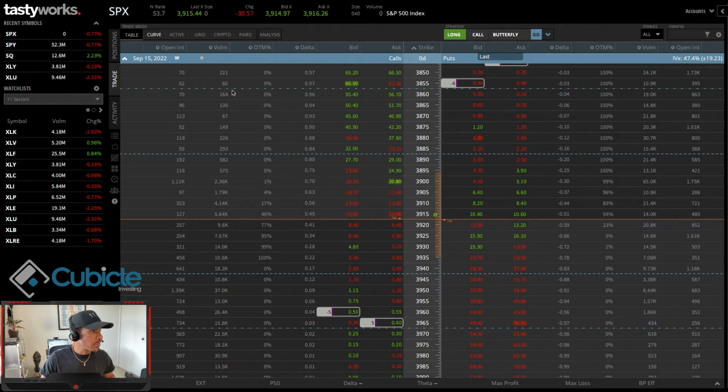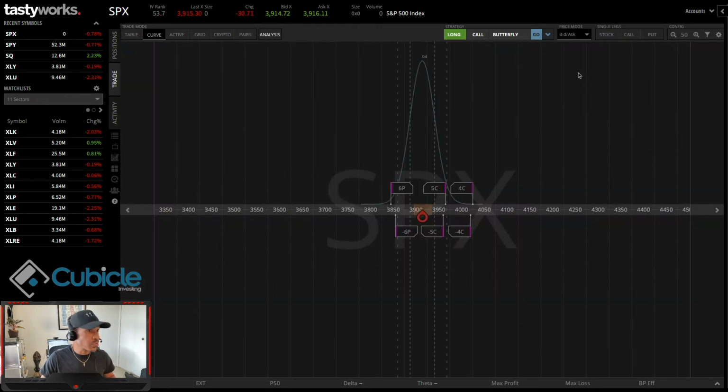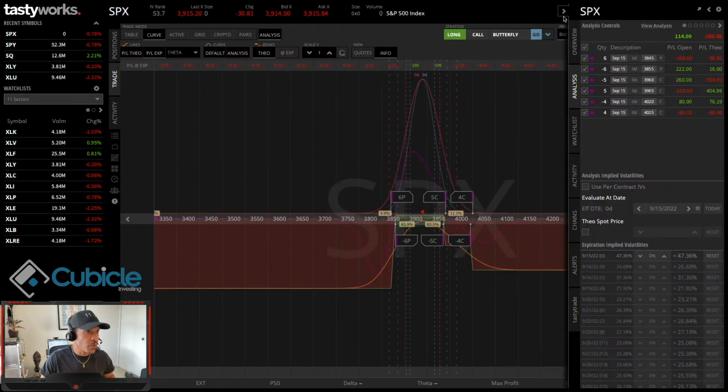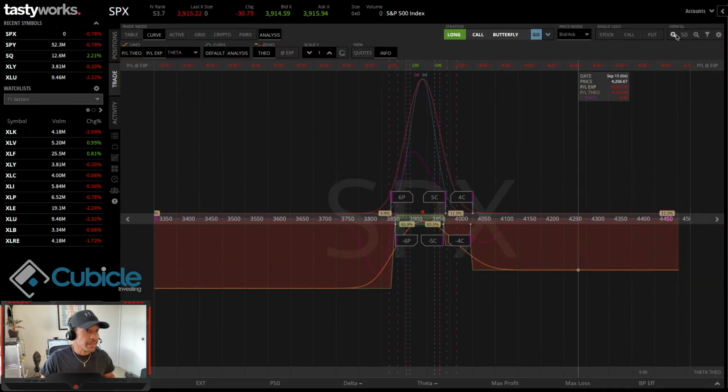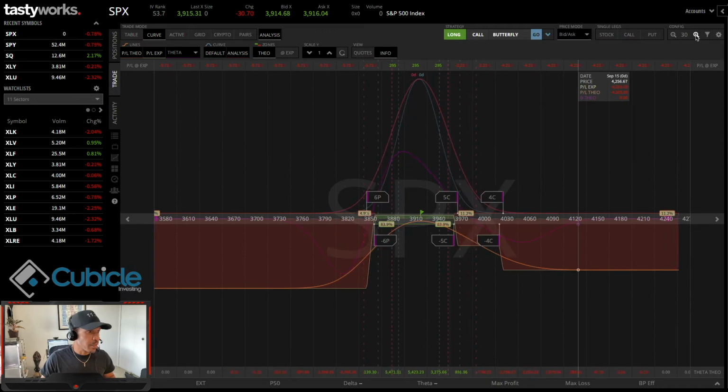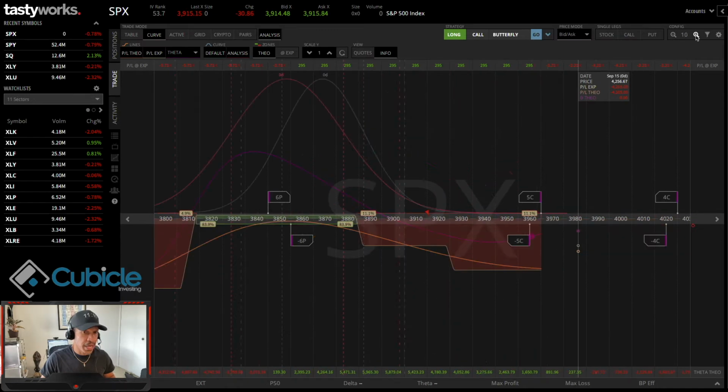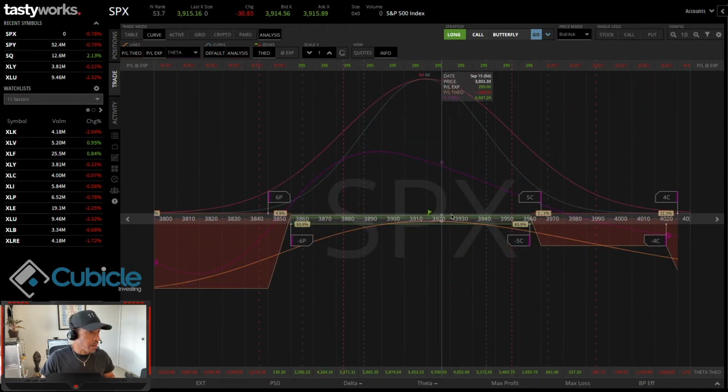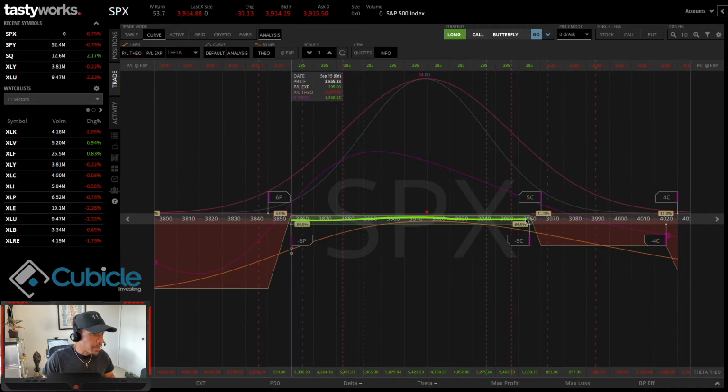There's another way to look at it as well, real quick. Look at the analysis on the curve, specifically for this particular trading platform. This gives you a nice representation of where we are. Anywhere in this green zone, I'm making money, right? Ideally, you want the price of the underlying to be smack dab in the middle of your strike prices.